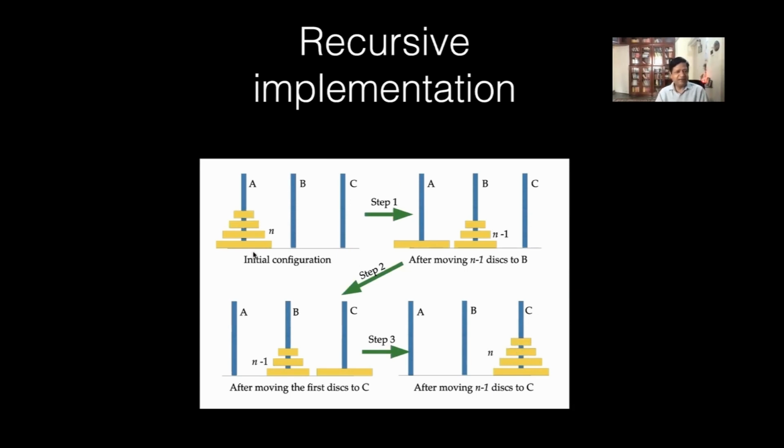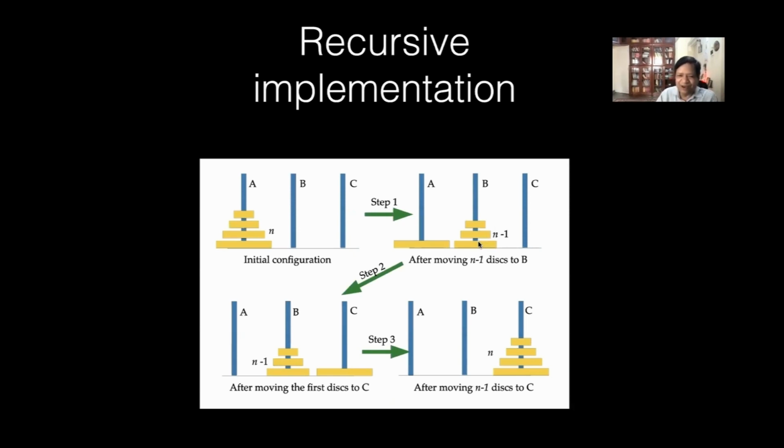So I transferred n discs from A to C, but I had to do these intermediate steps. N minus 1 discs to B, and then 1 disc from A to C, and then n minus 1 to C. So that's it. This is how you solve the problem. When you do this n minus 1, you have to use C as the intermediate, and n minus 1 will call n minus 2.